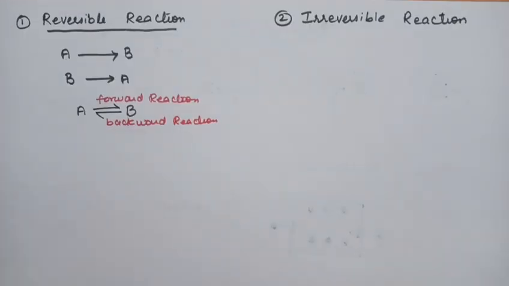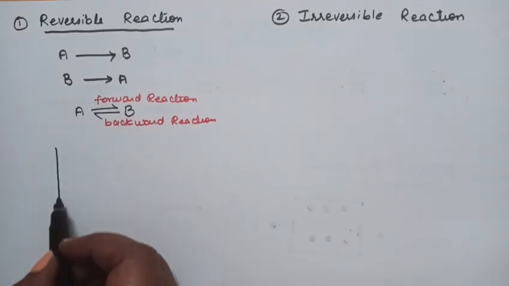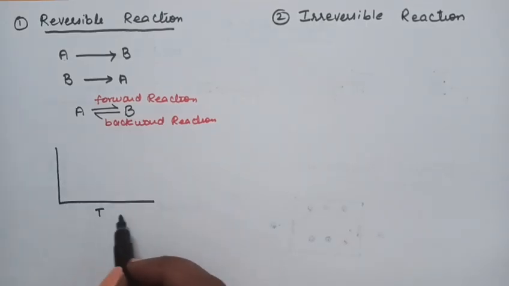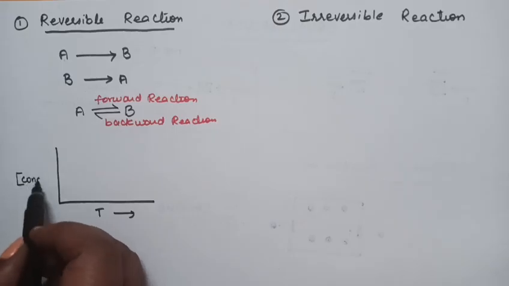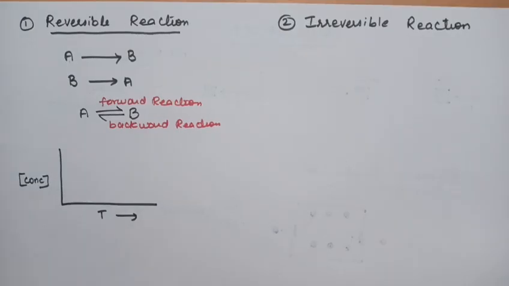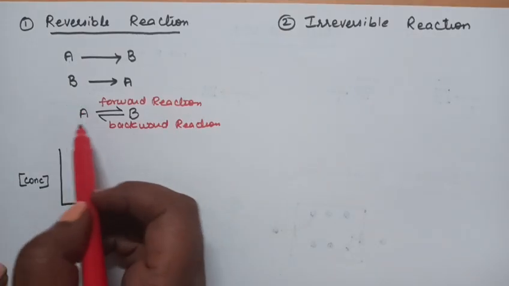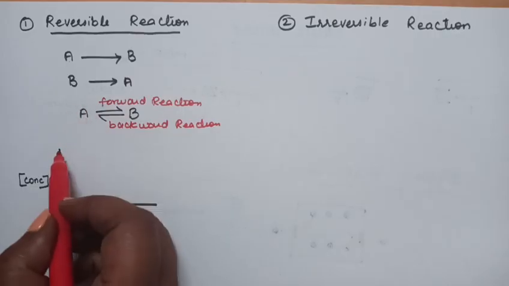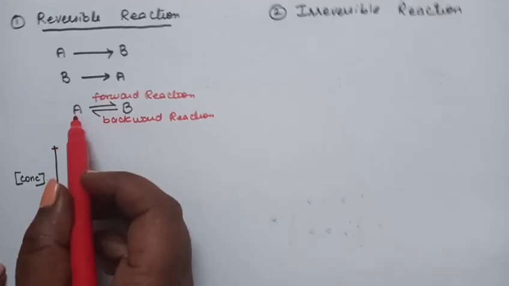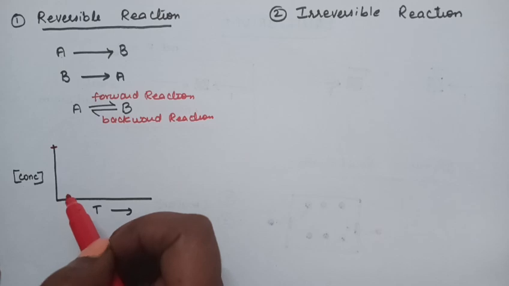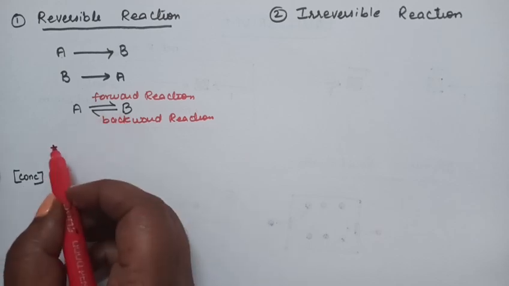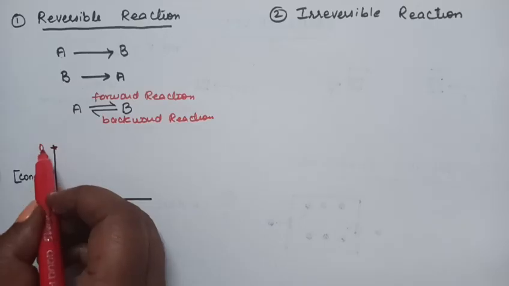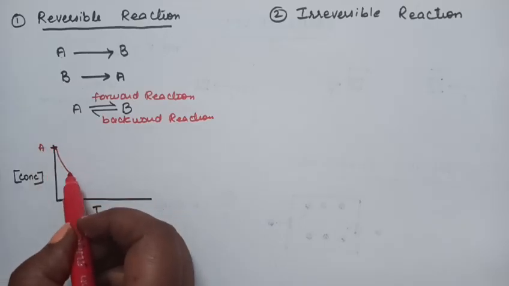And students, if we represent a graph, this is the graph, this is time, and here we will take concentration of the reactant. So initially the concentration of A will be high because we are taking only reactant initially, product will be 0.